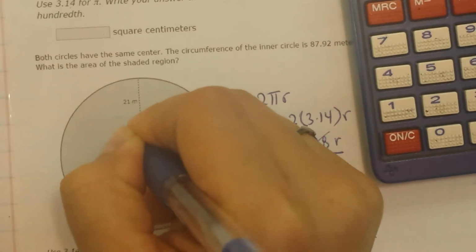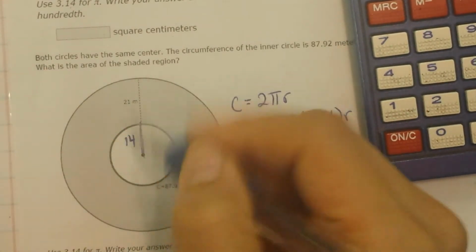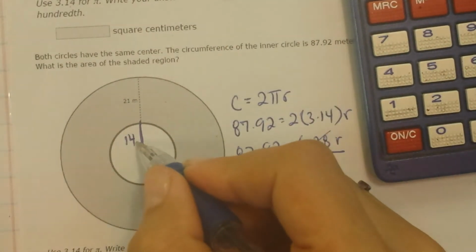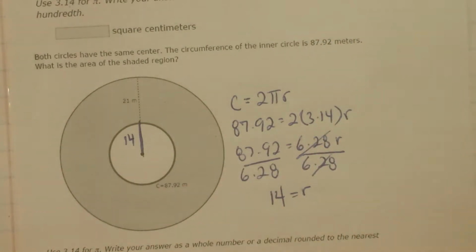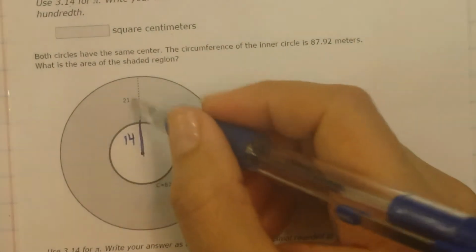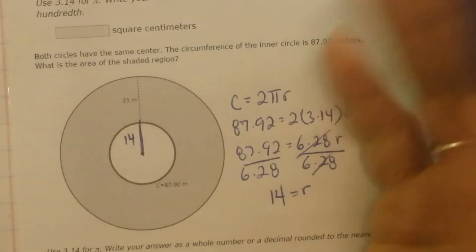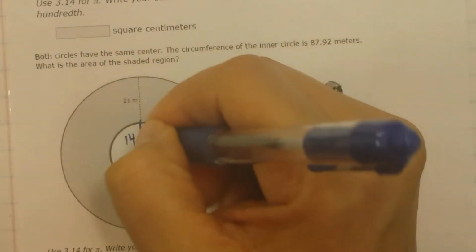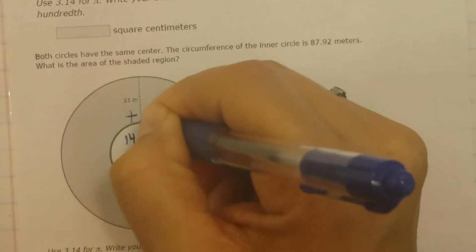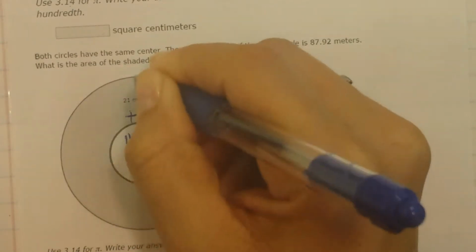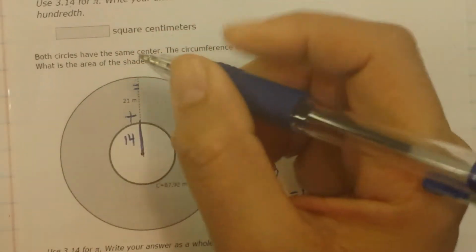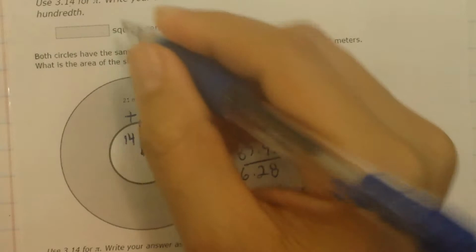Now remember, you basically want to find the radius of everything. Once you've found the radius of the small circle, you can calculate the area. Shall we do the area of the big circle like we did before? The radius of the big circle is this plus this, which is 14 plus 21, which is 35.